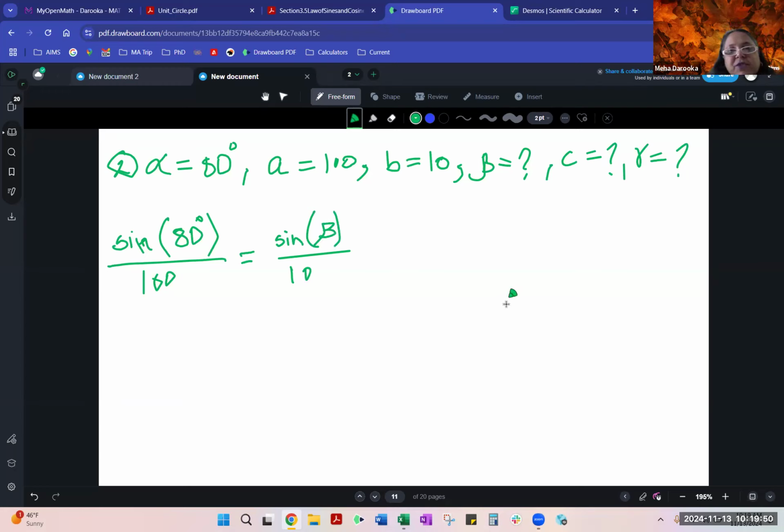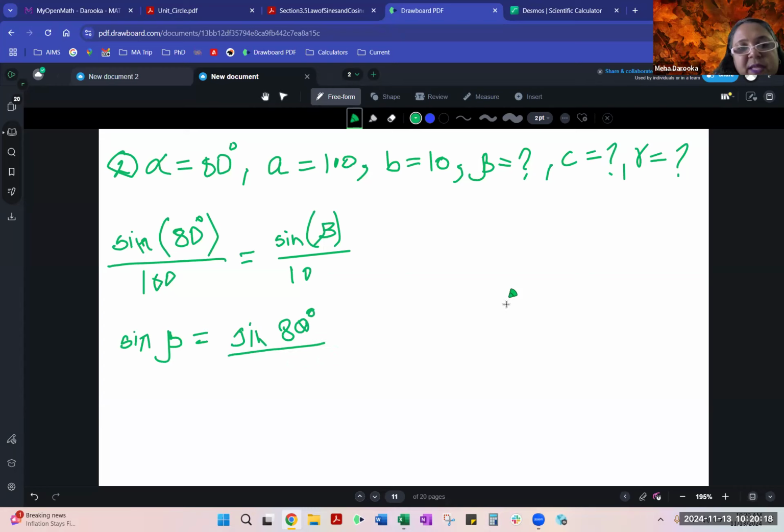Okay. So just like we did before, you want to get sine of beta by itself. And to get sine of beta, we would basically end up multiplying both sides by 10. So you would end up with sine of 80 degrees over 100 multiplied by 10. And can anybody tell me if that is going to be within the range of our sine function?